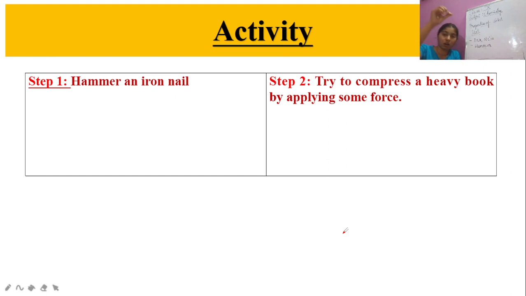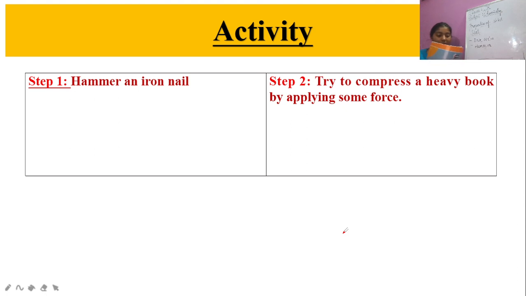When I drop it from such a height, again it does not break down, it still remains the same. For the second case, students, what do you think? If I have a notebook, and I try to compress it by applying some force, it is compressing and changing its shape.